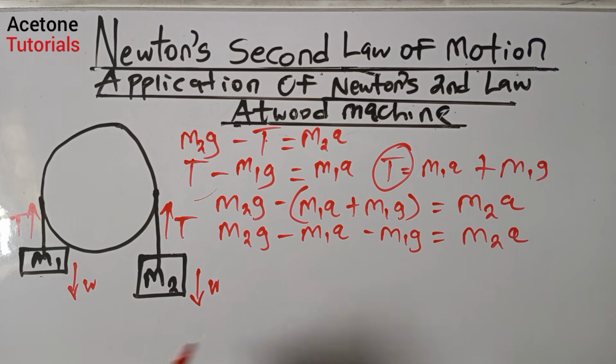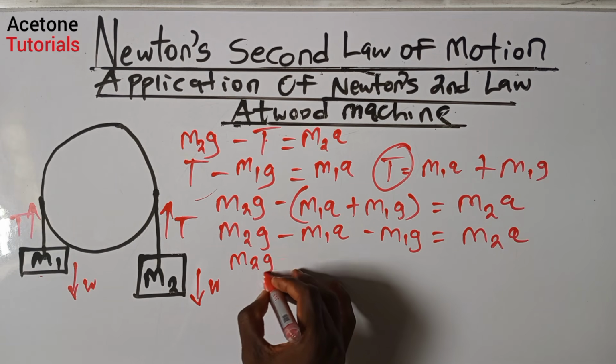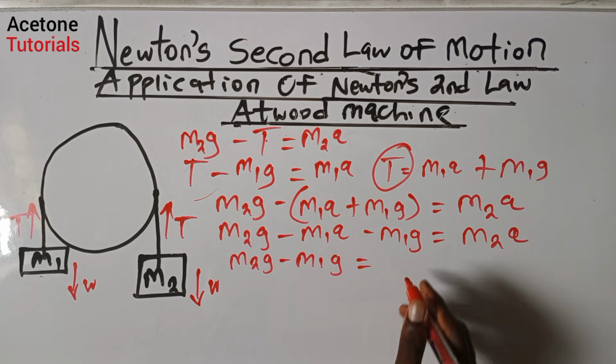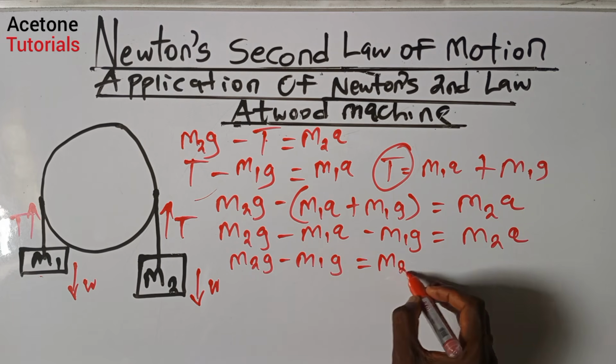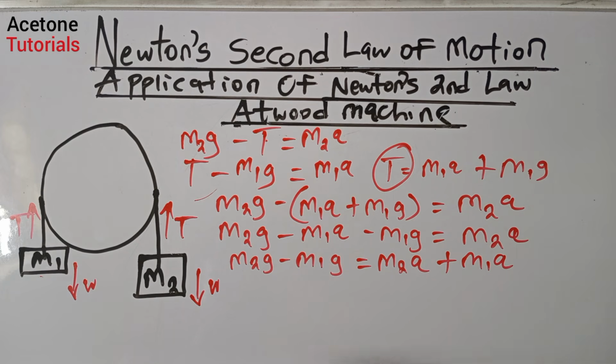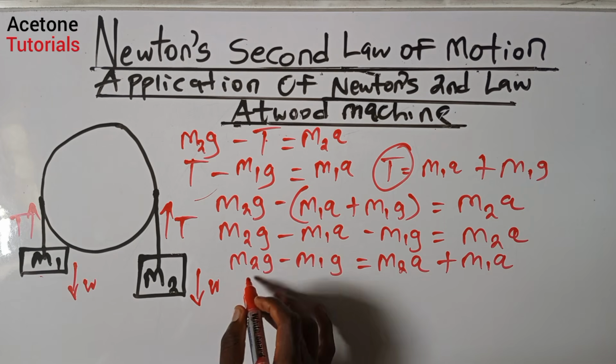Now we can rearrange. Let us put like terms together: m2g minus m1g is equal to m2a plus m1a.